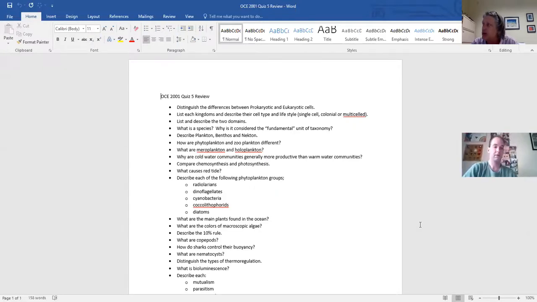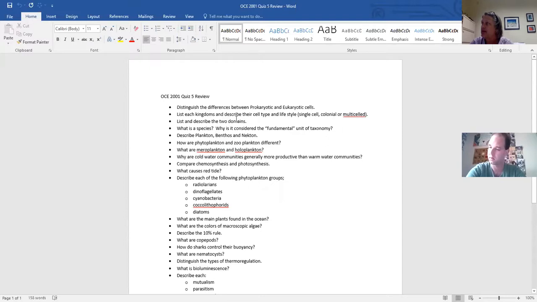So the eukaryotic cells are complex, with membrane-bound organelles. They tend to be larger. They have more complex genetic material. Also, the prokaryotic are the bacteria. They're limited to two kingdoms, where the eukaryotic can be multi-celled, colonial, single-celled, and they have four kingdoms associated with them. So we're looking at that.